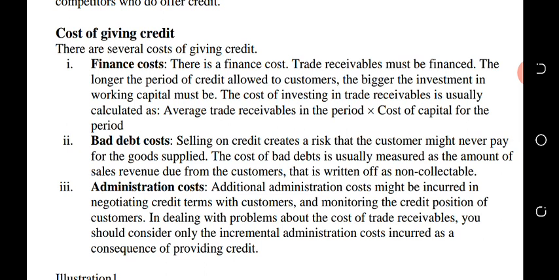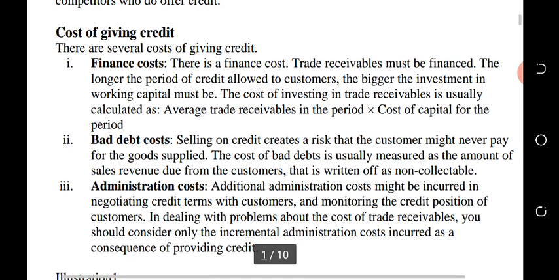That means your trade receivables times the cost of capital is your finance cost, your interest charge. It should be expensed, deducted from your contribution.